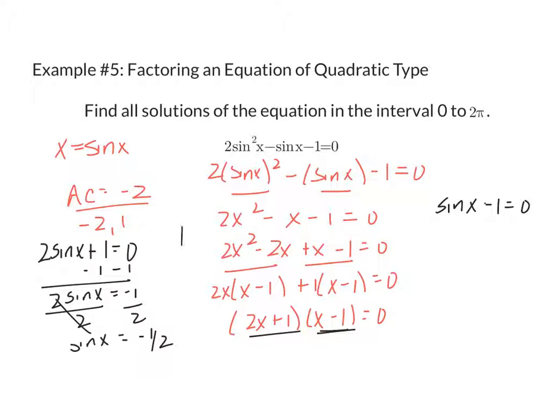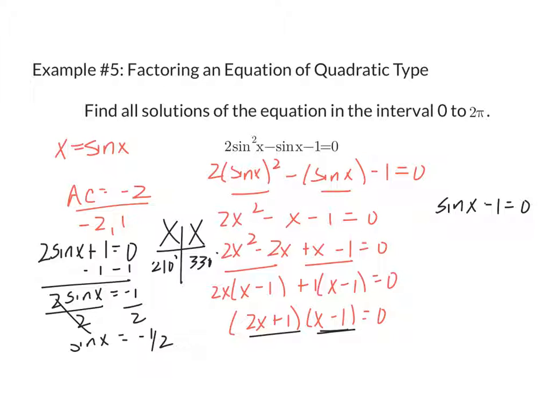Well, first of all, sine is negative in the third and fourth quadrants. And again, using our shortcut, we know that sine of 30 is 1/2. So it still holds true that we're talking about a 30-degree reference angle, just that the 30-degree reference angle in the third quadrant is 30 degrees past 180, which is 210 degrees, and then 30 degrees before 360, which is 330.